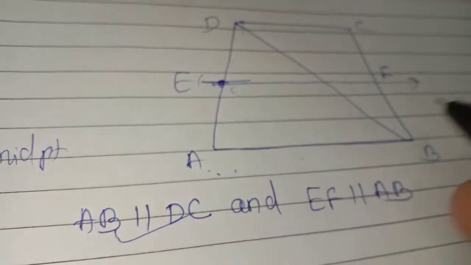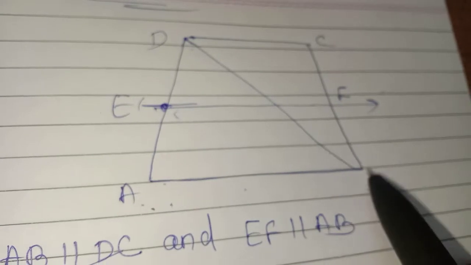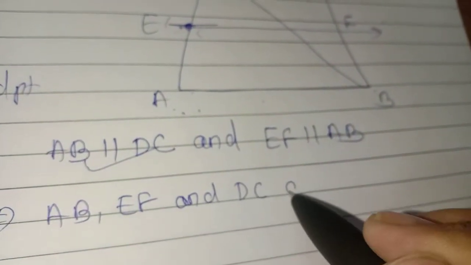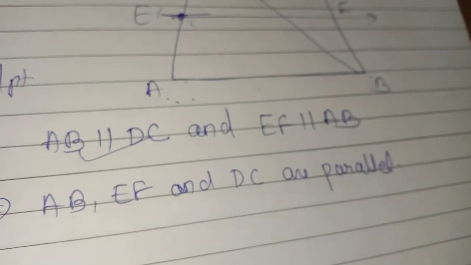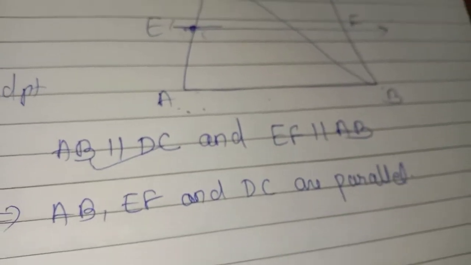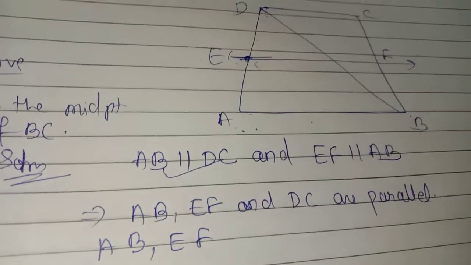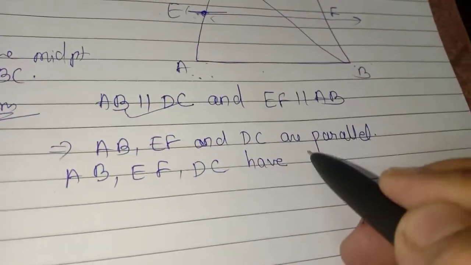Okay, so what we can say is that it implies that AB, EF and DC are parallel. So we can say that AB, EF and DC have the same transversal.